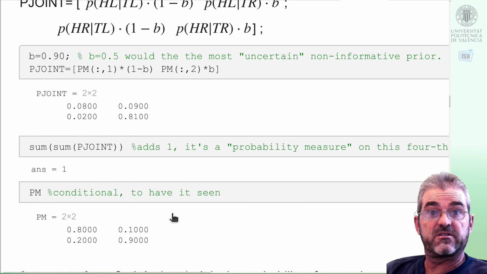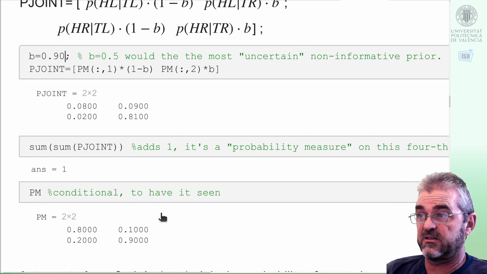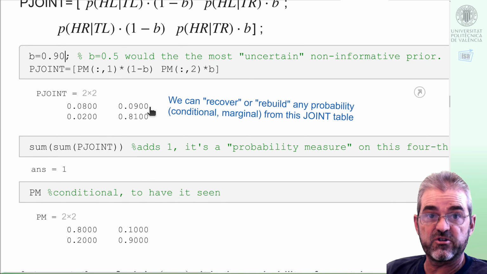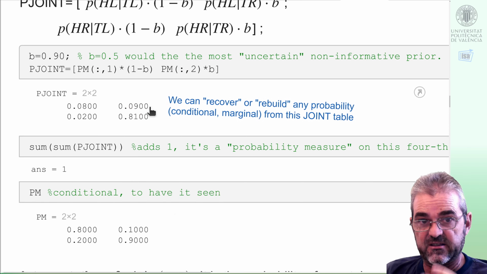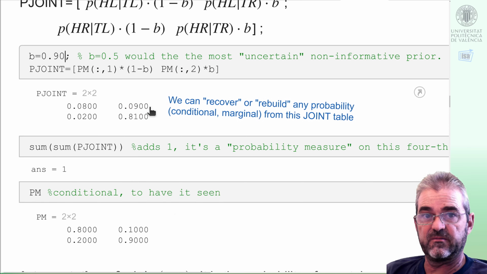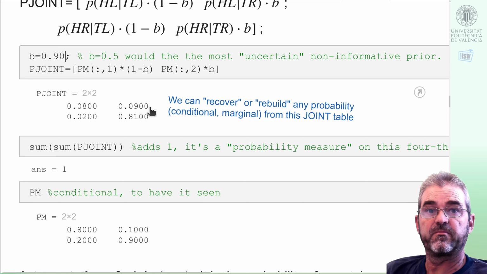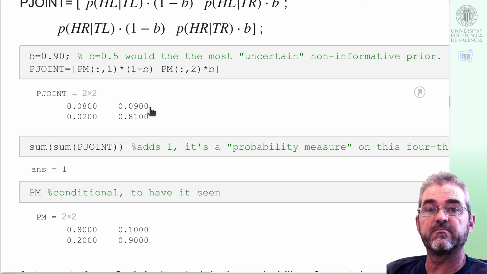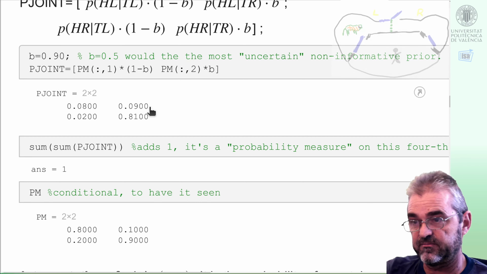What we will discuss in a minute in this video is that the only mathematical object we need is the joint probability, the probability measure, some stuff that adds 1, and from that stuff we can deduce everything. But physically, or from an engineering viewpoint, it's convenient for us to decompose the tiger problem into 2 steps.